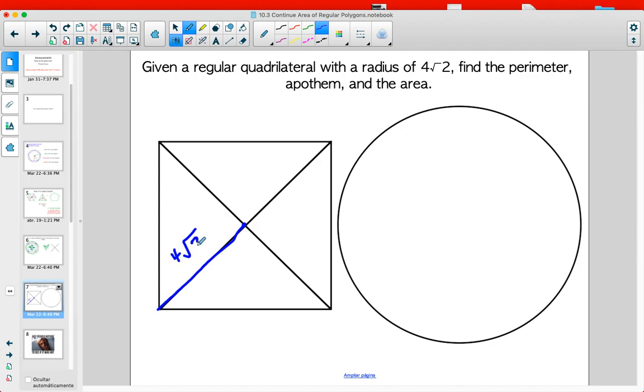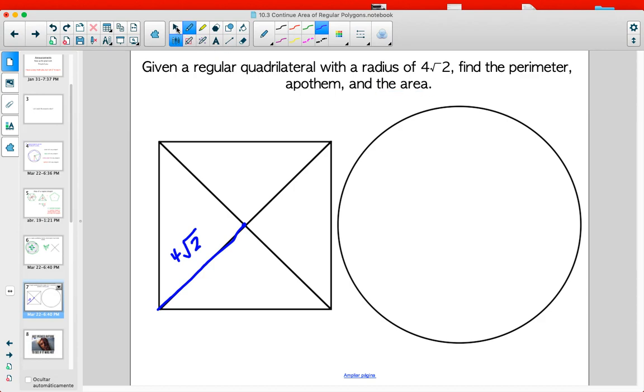Find the perimeter, apothem, and area. Okay, so it's asking us for a little bit more. It's asking us to find the perimeter, the apothem. And then notice how those two things are going to help us find the area of the square.